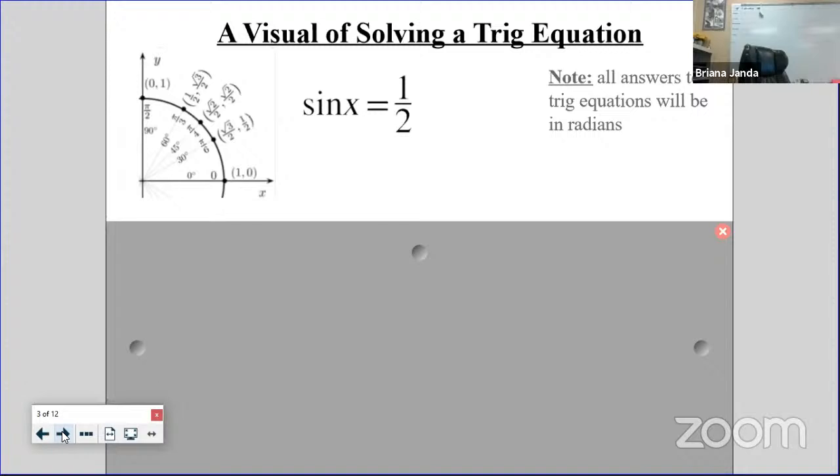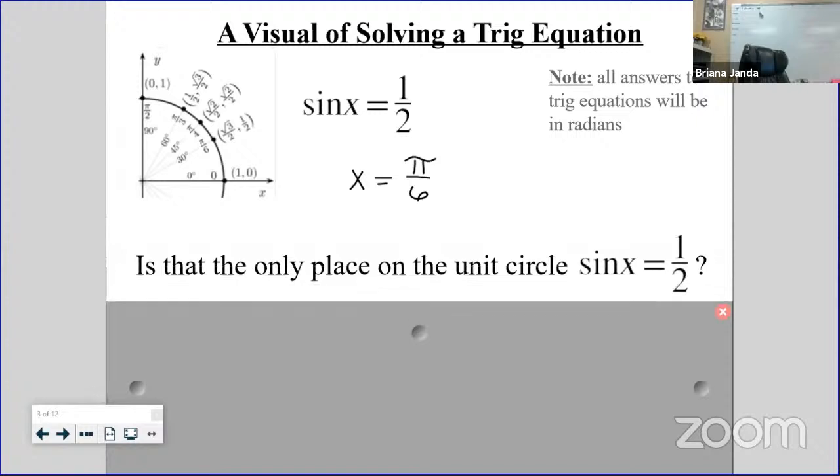Now, with that being said, note, all answers will be in radians. So 30 degrees or pi over 6. Very good. So that x must have been pi over 6. But what's different with solving trig equations than inverse trig is that sine has an answer of positive 1/2 at 2 places, doesn't it?